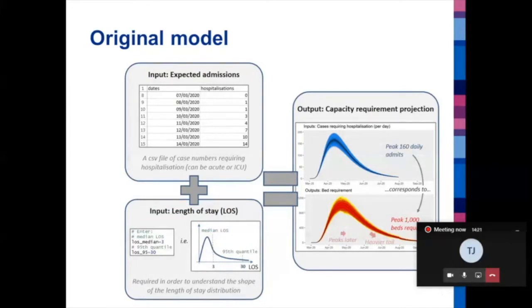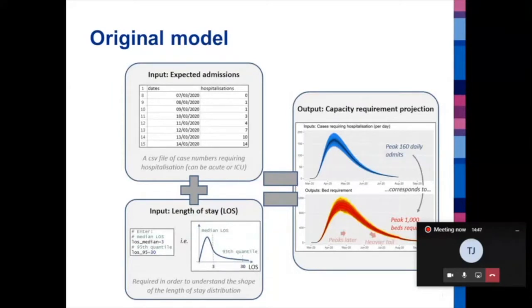Given only 2 parameters, we need 2 quantiles. We can match those and calibrate the distribution. So the user inputs then are the median length of stay and the 95th quantile. So basically the number such that only 1 in 20 patients would be expected to stay longer than that value.